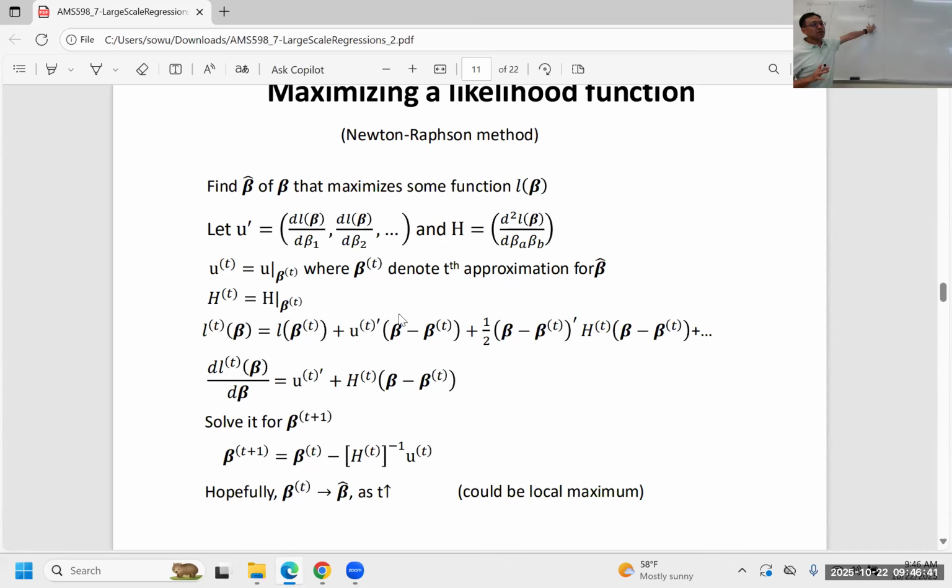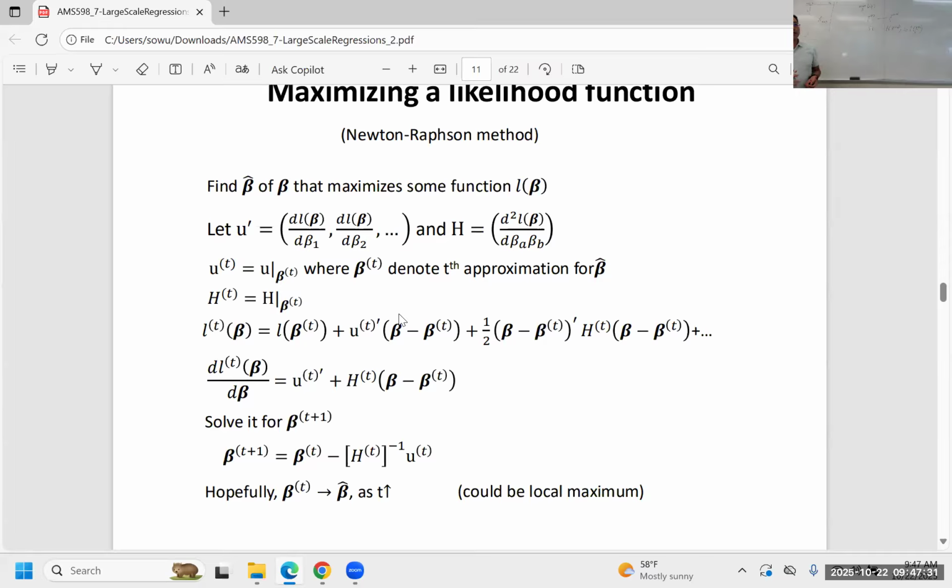Now, if you can somehow guarantee that you can update beta_t to beta_t+1, so at step t you have some estimate for the beta which can maximize the likelihood function, and you can find a mechanism to improve beta_t such that L(beta_t+1) is bigger than or equal to L(beta_t).